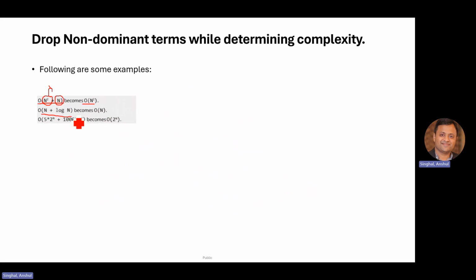Likewise, in this case, order of n plus log n, the time complexity will actually be order of n. And in this case, the time complexity will be order of 2 to the power n, because this is the dominant term and this is the non-dominant term.